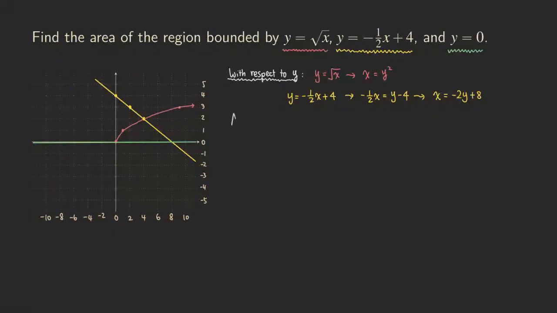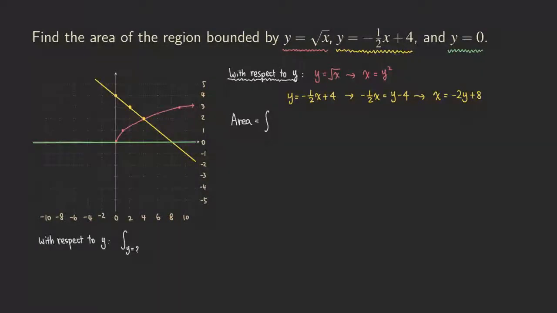Okay, so if you want to set up the integral for the area, well, let's just recall here. When we integrate with respect to y, the limits are in terms of y right here.